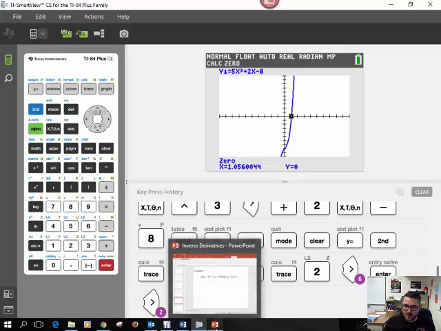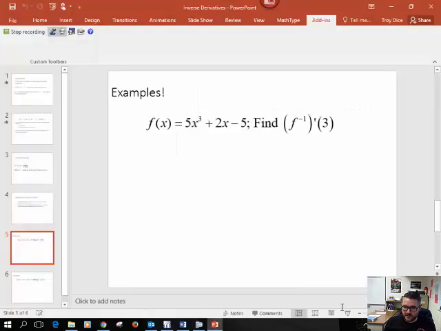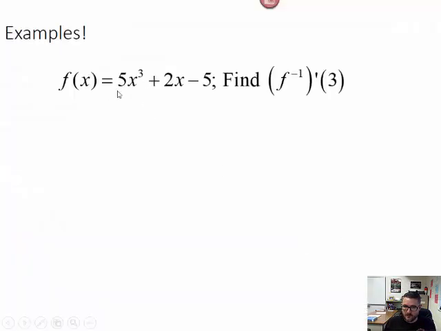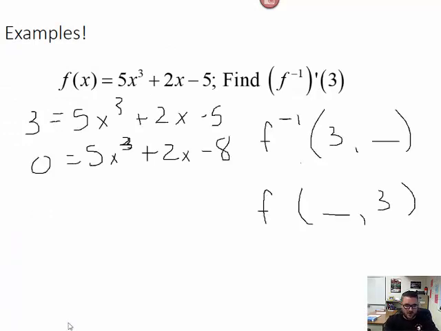All right, so now we're going to find the derivative of this function. So all what we had should pop back up. Okay, good. Now the original function, f prime of x equals what? 15x squared plus 2.